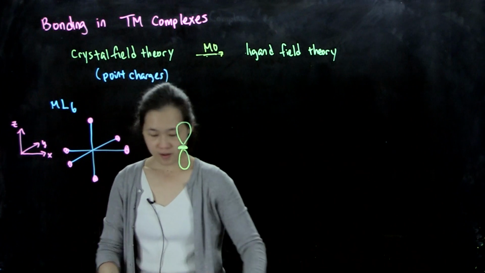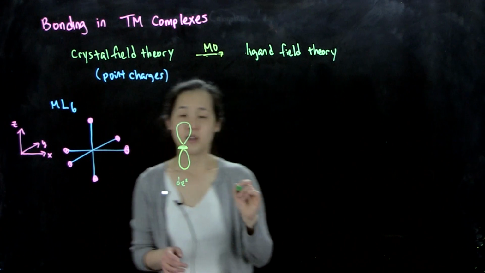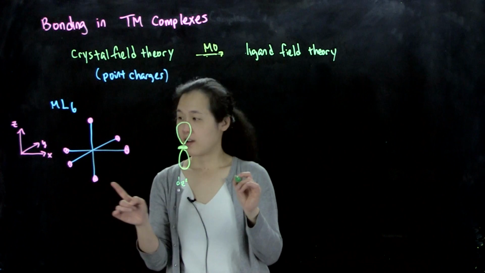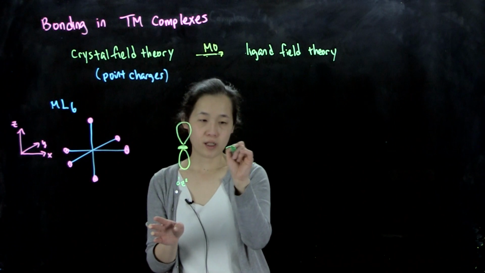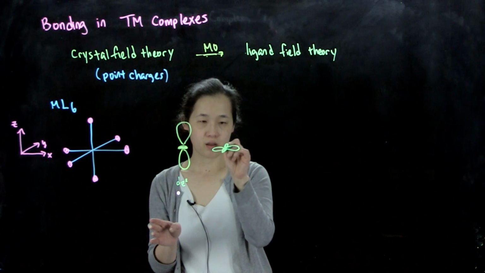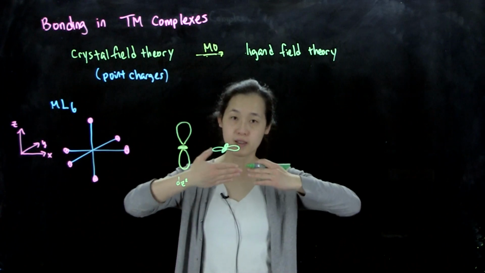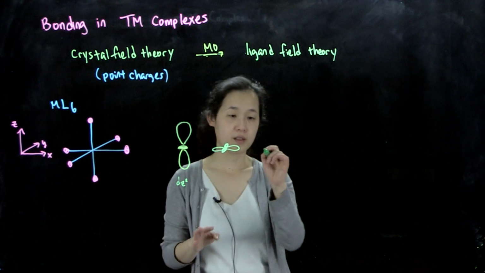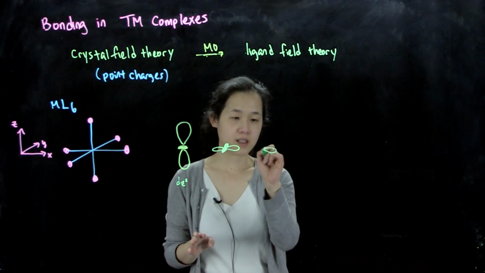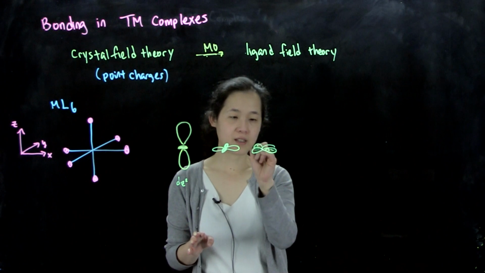Okay, so this is dz squared. And in the same system, we have dx squared minus y squared. We have dxy, which is where the x and y axes are in between the lobes. So dxy looks like this, so it's different than dx squared minus y squared.